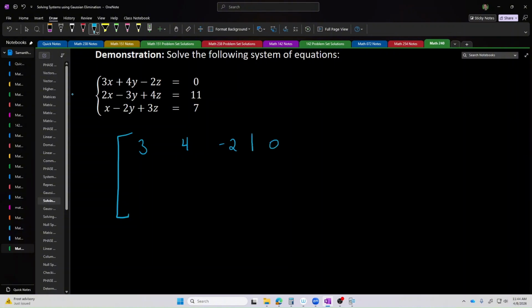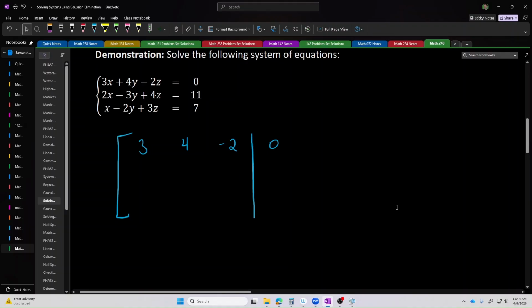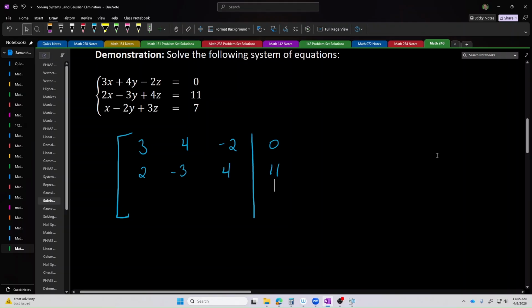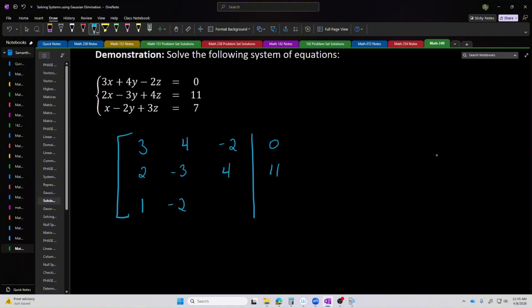And you can put a little vertical bar in here just to help remind you that these values in the right column are coming from these outputs in the system. Write down the coefficients of x and y and z from the second equation, as well as the output 11 on the far side of the equal sign. Write down the coefficients 1, -2, and 3, and then 7 over here on the far right side. So this would be the augmented matrix for the system.